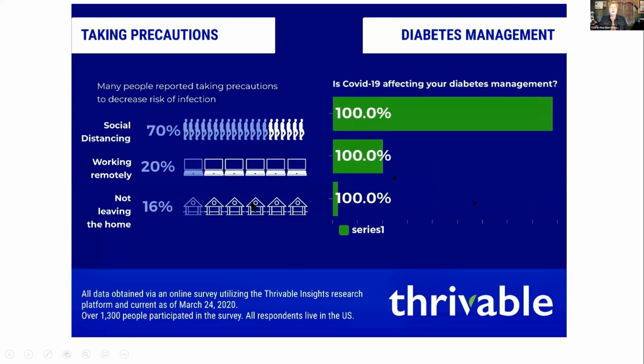Another good point I want to emphasize is that this group of people with diabetes are not all remote workers. Probably about half of them are retired, and they're not leaving home because they're afraid, and all of them are social distancing. But some of the other people with diabetes work in jobs that don't allow them to work remotely.